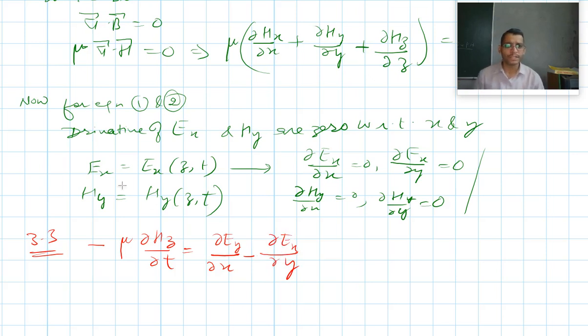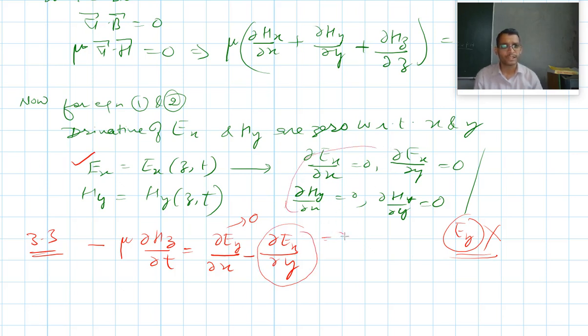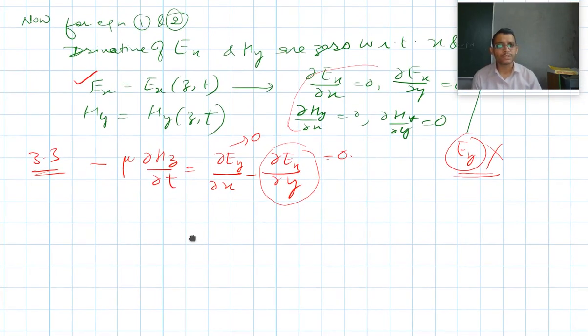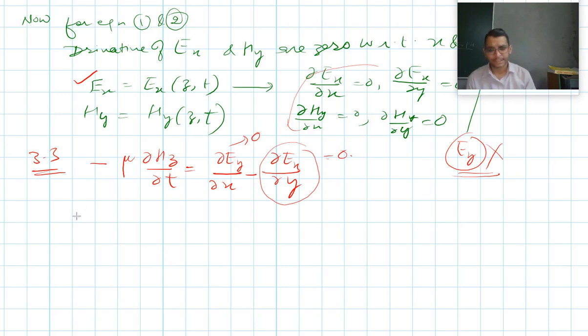Since we have only this component, we have considered motion along this way, that means we are not having an Ey component. So if this component is not there, then this is equal to 0, and this part is also equal to 0. If I use its value from here, this is also equal to 0. So therefore I can write down that minus mu curly Hz over curly t is equal to 0.